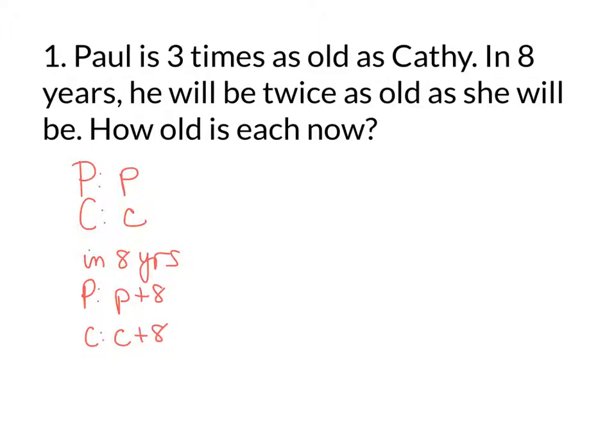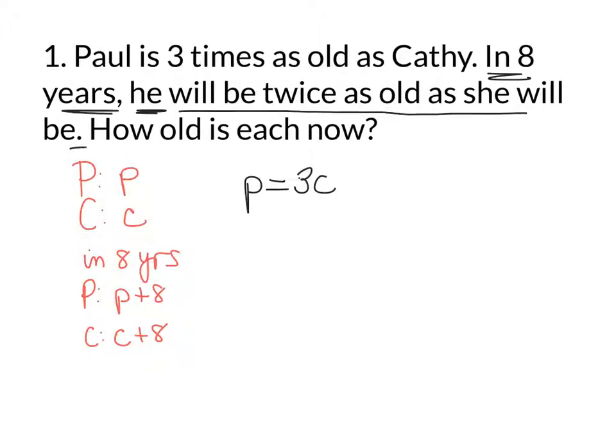So we now have to write 2 equations. Currently, right now, Paul is 3 times as old as Kathy. What equation would we write? Paul is 3 times as old as Kathy. P equals 3C. Now it says, in 8 years, he will be twice as old as she will be.